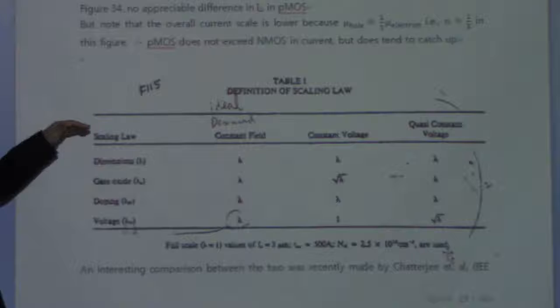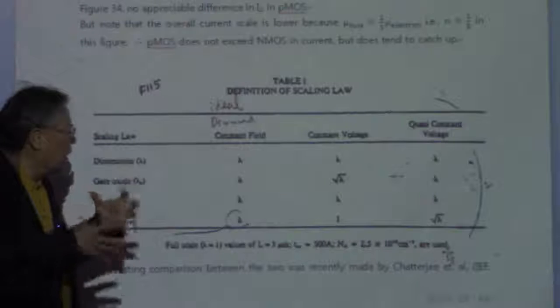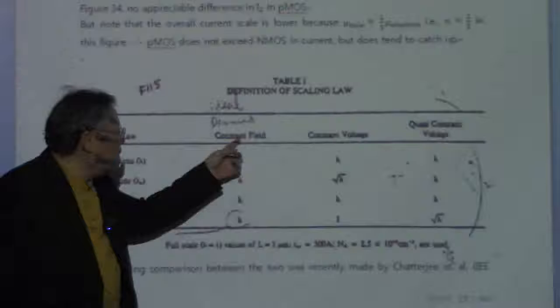And here's an interesting comparison in the table. For the constant electric field, we set a scaling principle. Constant field means we want to maintain the electric field constant when you decrease the device.